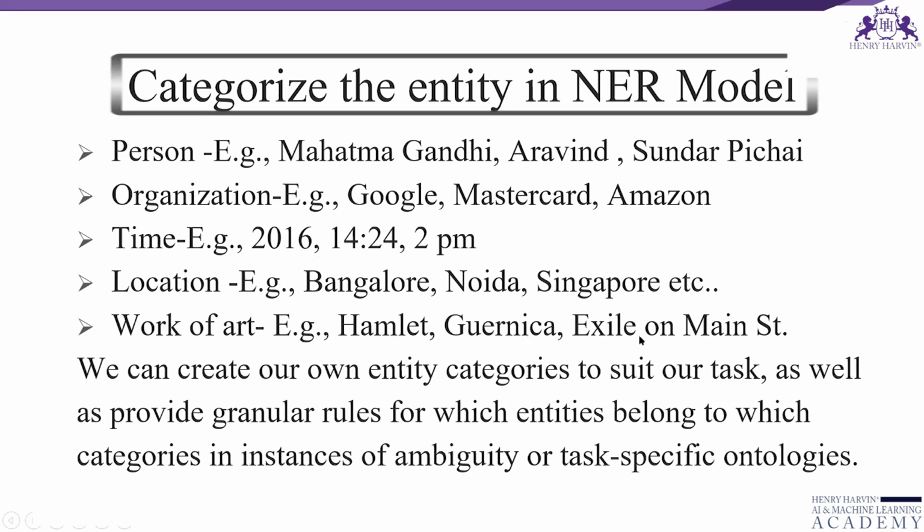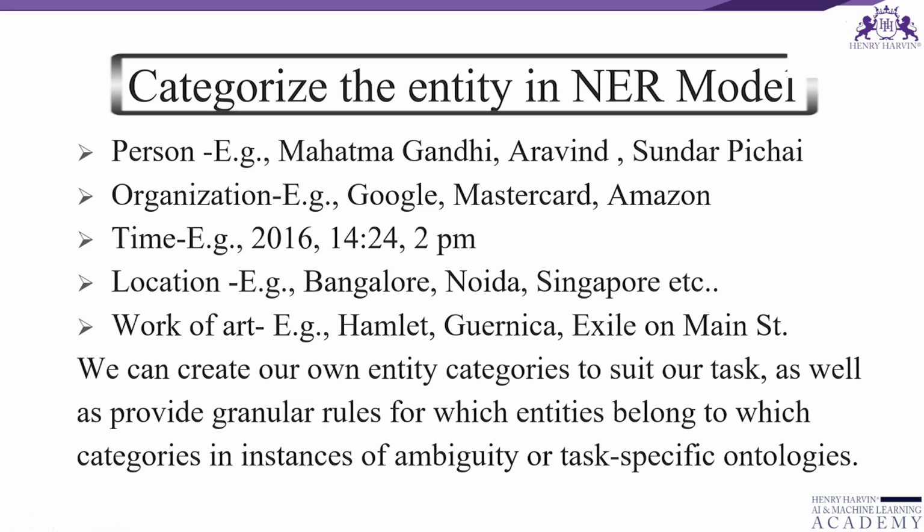Hamlet, Guernica, Exelon Main ST. These could be works of art. So this is something similar to that, right? Whenever we have a paragraph, it tries to extract the information from it. So basically it is information retrieval. We can also create our own entity categories. For example, I'm working on some other task and I want to extract a few entities.